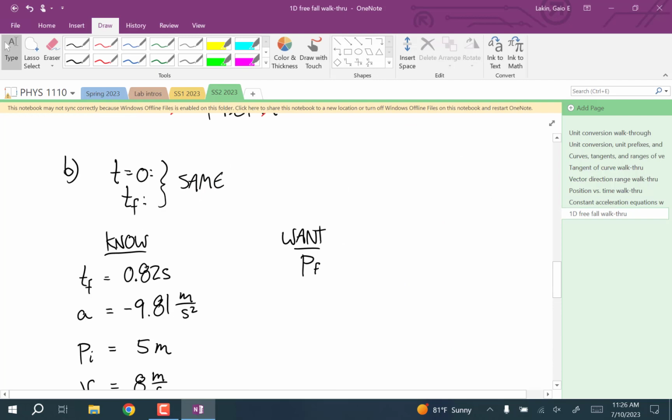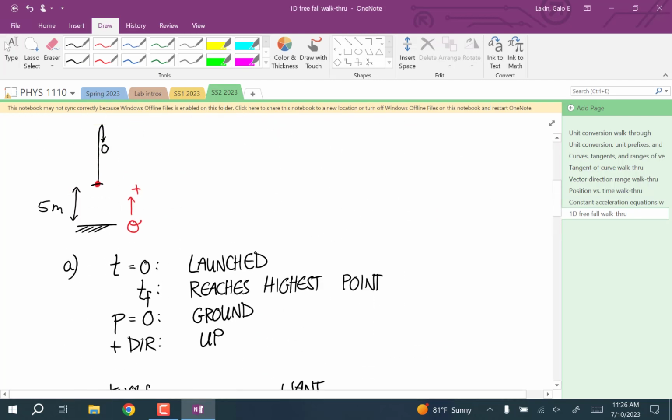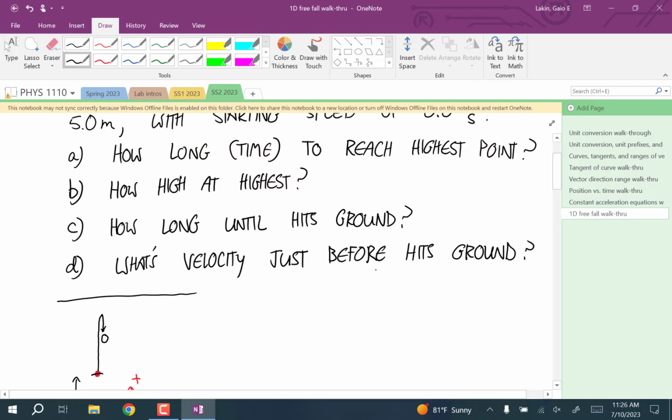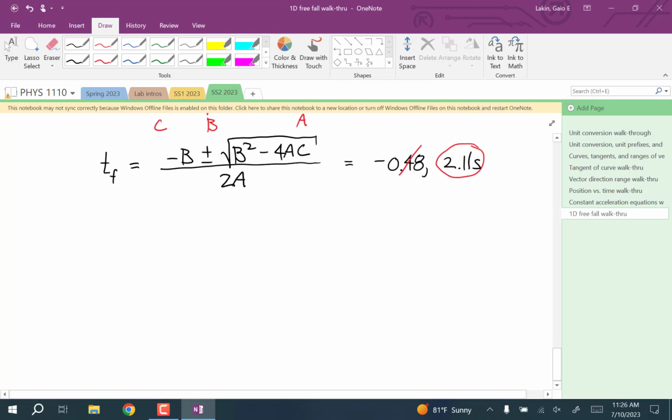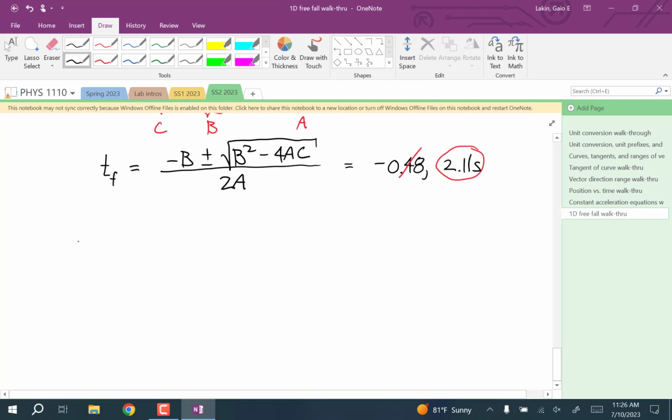Now the last thing that we're trying to calculate is what's the velocity just before it hits the ground. Okay, so is there any reason to change what we're calling time equals 0 or time final?